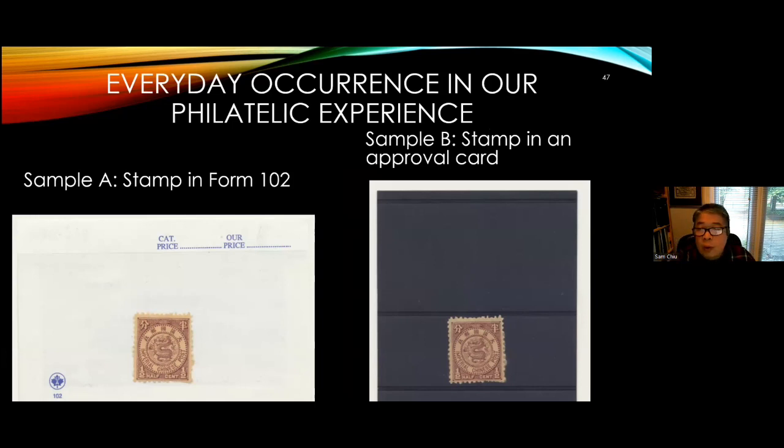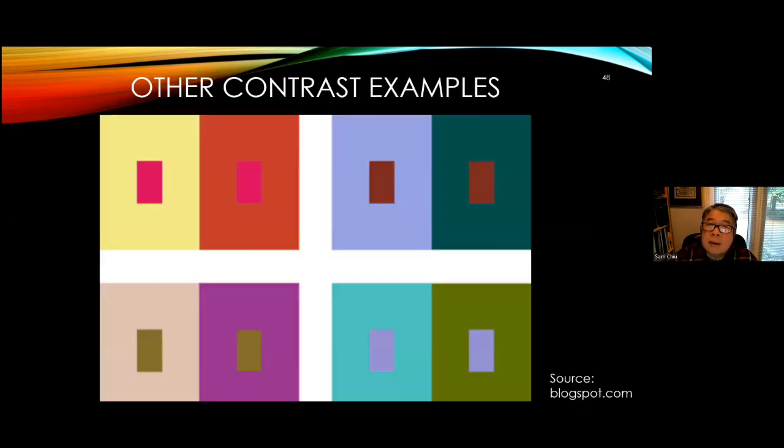You use your form 102, right? You bought the stamp on 102, you bring it back and you put it into those black stock sheets. And you said, swear to God, I thought the color was different. No, it isn't. This is the concept of contrast.